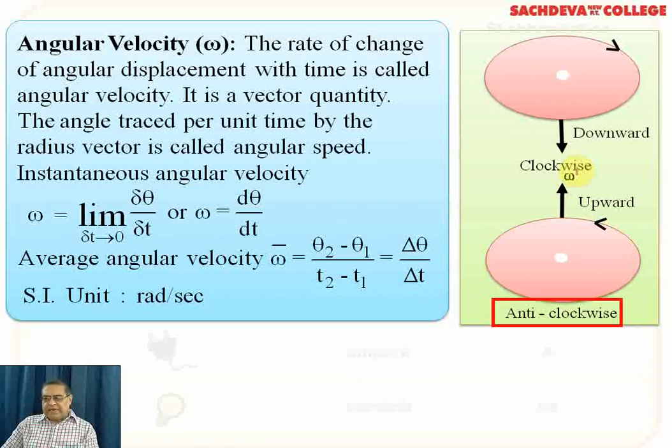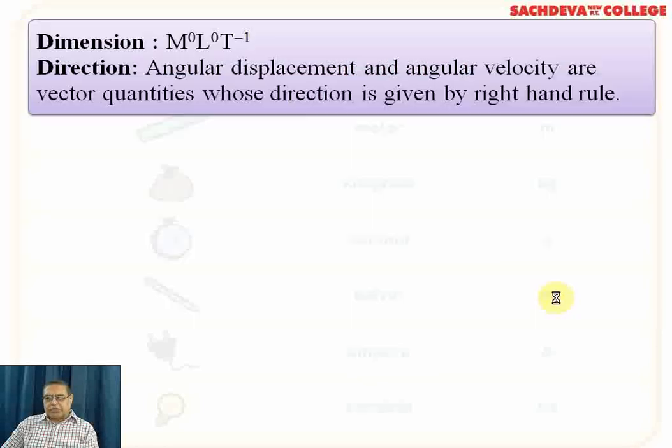But if it is anti-clockwise, it should be taken as positive. So it is clear from the figure, the upper portion is indicating downward motion, that is clockwise, and upward motion, that is anti-clockwise. So omega is positive or negative depending upon whether it is clockwise motion or anti-clockwise motion.